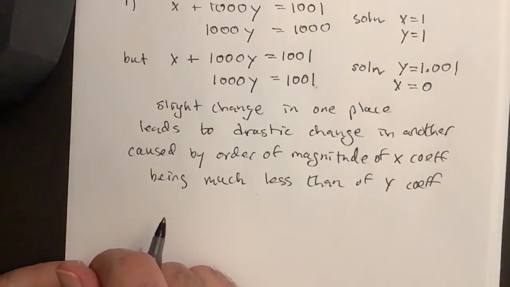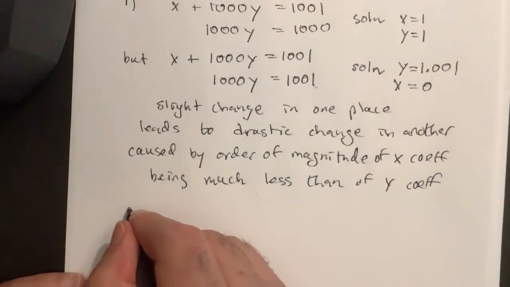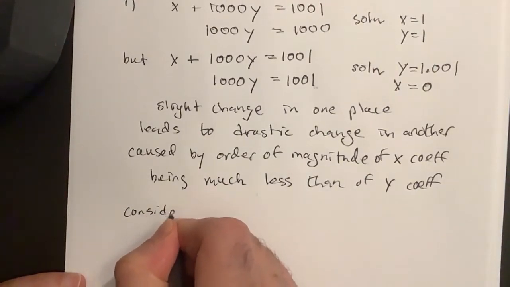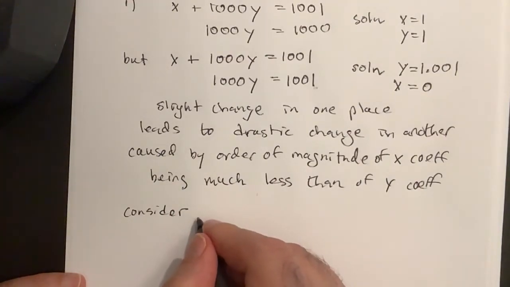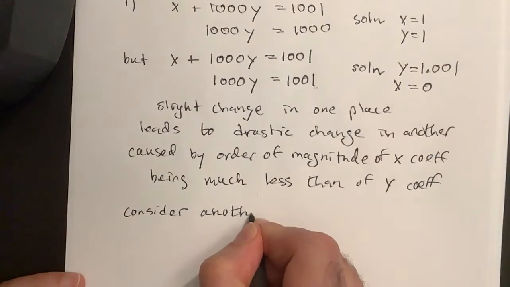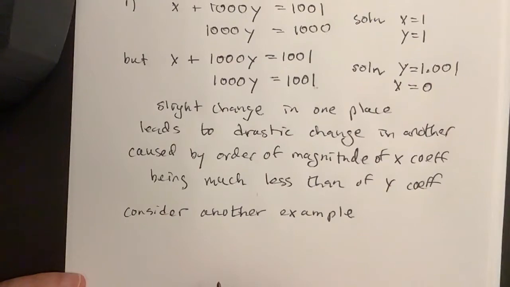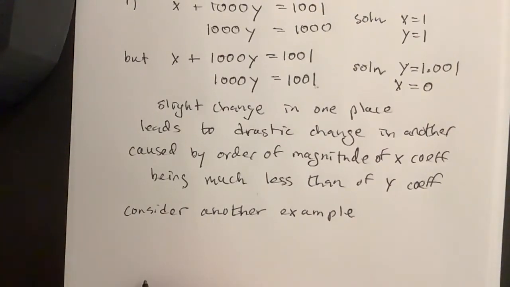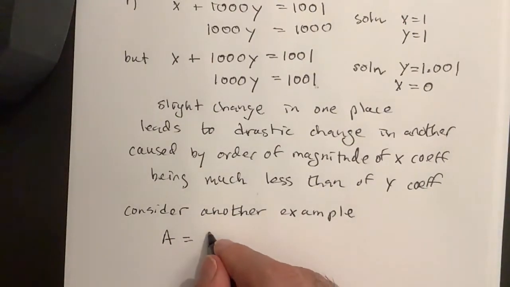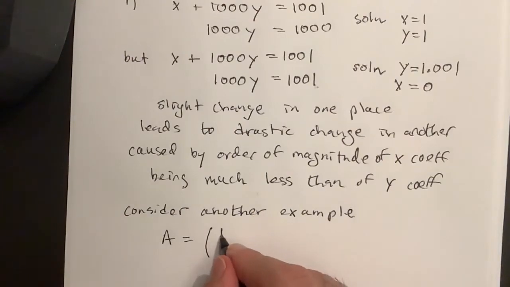Okay, here's another example. So suppose we want to take the inverse. Suppose A equals, let's say, it doesn't have to be anything too clever, say it's 0.001 and 1.